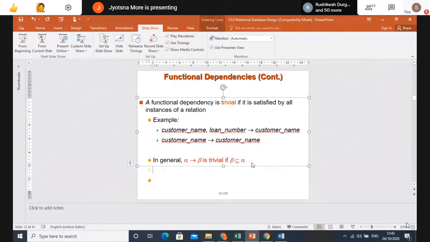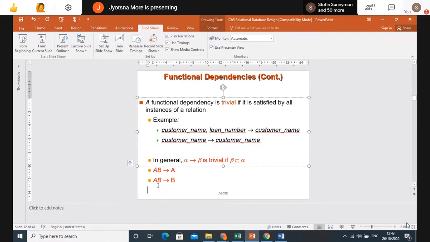So I can say AB determines A, and AB determines B. This is known as a trivial functional dependency. Why? Because A is a subset of this part, and B is a subset of this part.